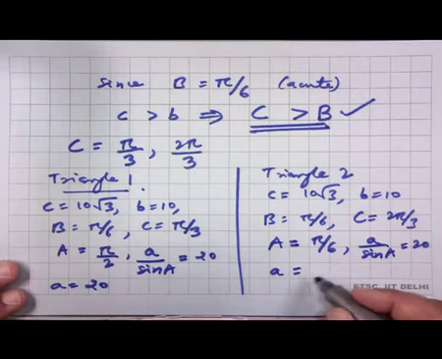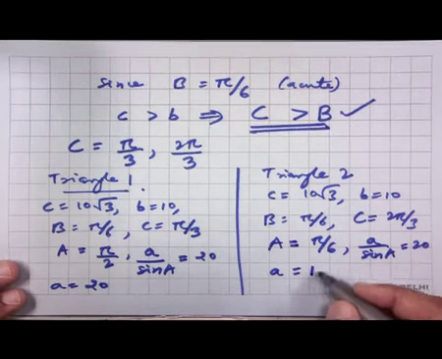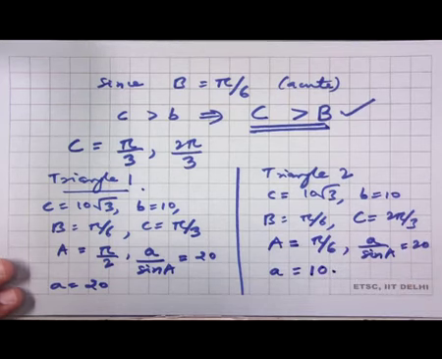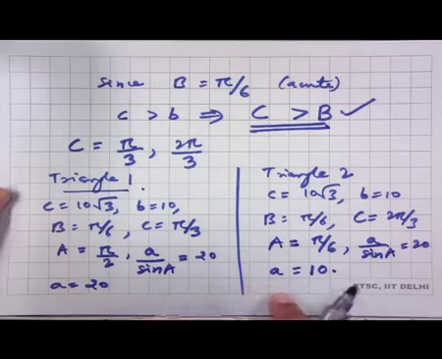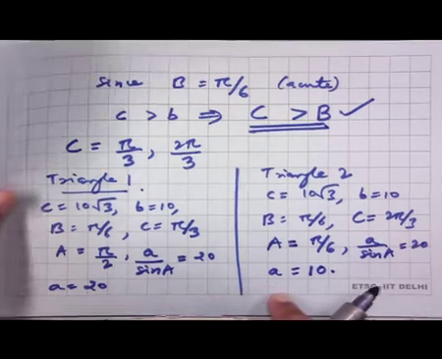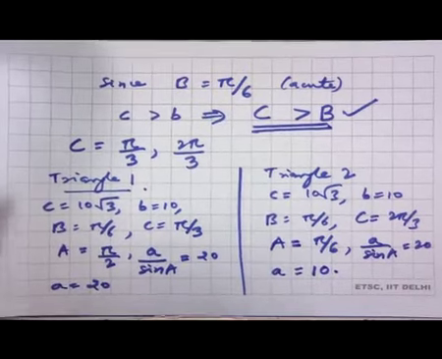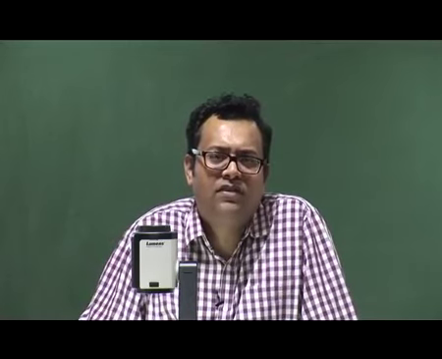So, we will get a equal to 10. So, both these triangles are valid triangles, and one can also visualize this geometrically. It is not very tough to do so. With that, we come to an end to this lecture.